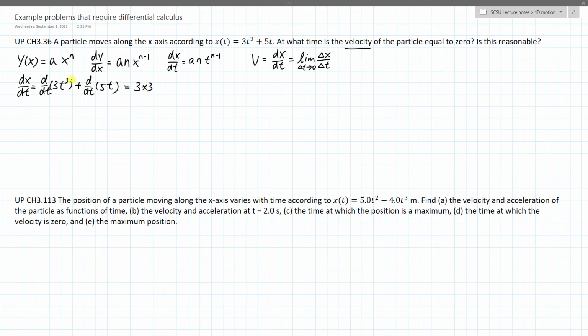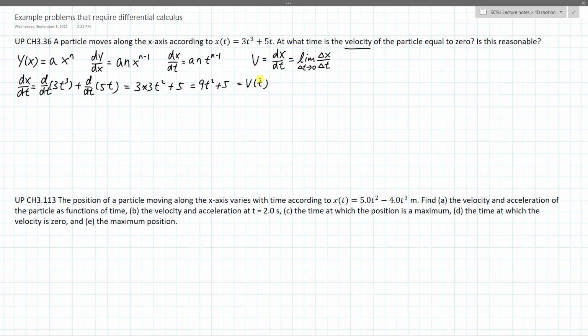Then 3 is decremented by 1, so we get t squared. Plus 5, that's a factor, and this is t to the first power. The 1 drops out, and t to the 0th power is 1, so that is just 5. This gives us the velocity, 9t squared plus 5. This is the velocity as a function of time.